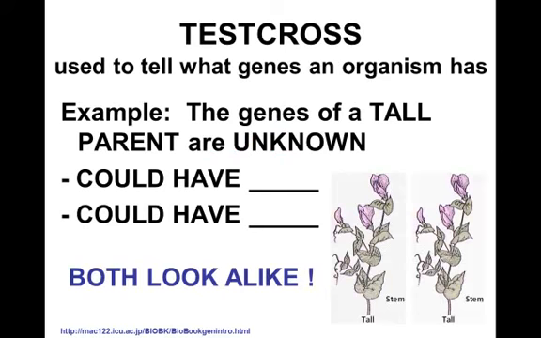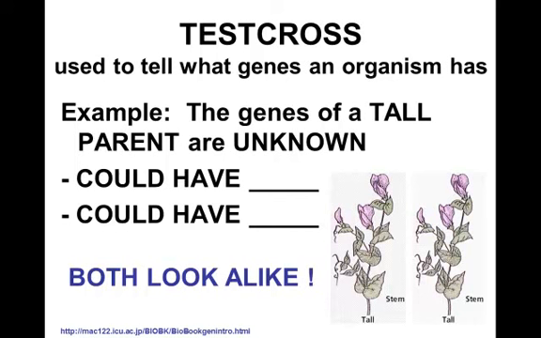When you look at the phenotype of different organisms, you can always tell what the genotype is if you're looking at a homozygous recessive organism. But when you look at an organism that shows the dominant phenotype, you can't always tell what the genes are.